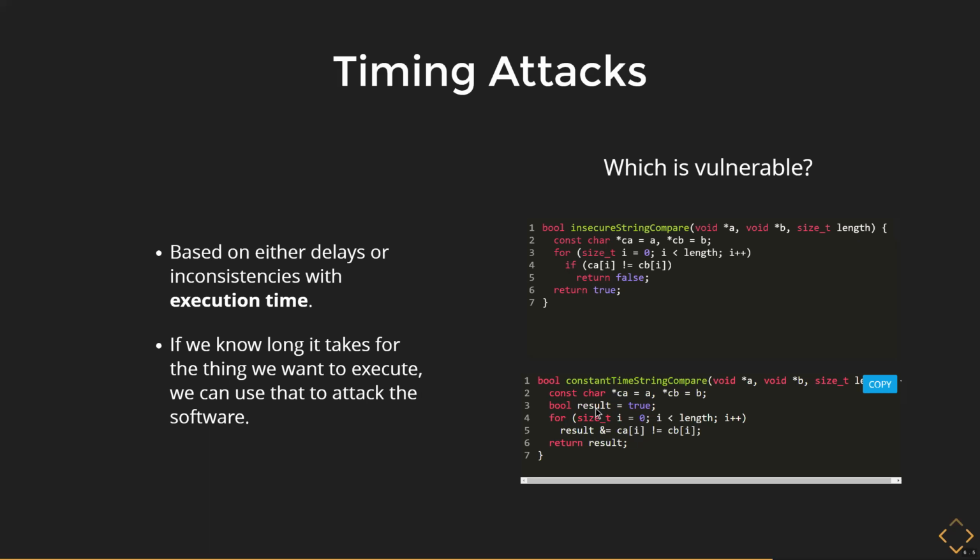Because this is less efficient because we're looping through everything before returning. But what we're doing is guaranteeing that the return always happens at the end after the for loop.